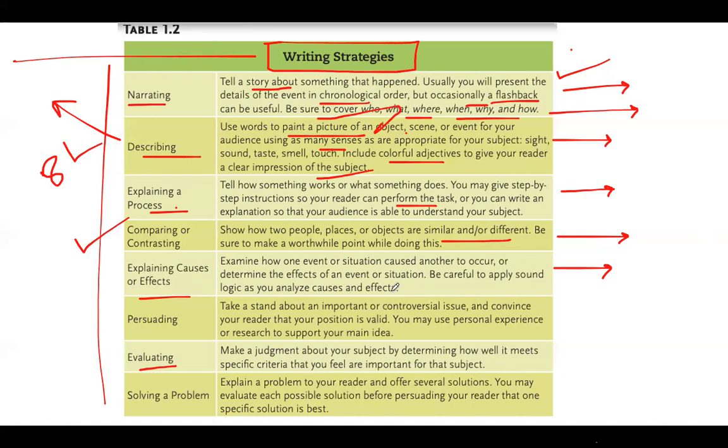So here you see a cause and effect relationship between chlorofluorocarbons and the greenhouse gases effect. This must be quite logical, and you must have the power to analyze causes and effects. That is another strategy of writing, and we call it explaining causes or effects.